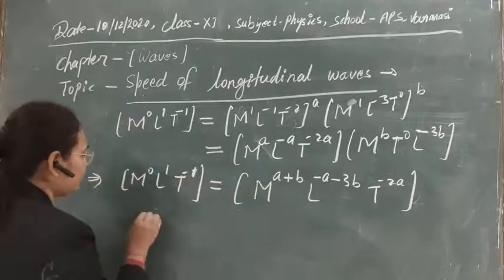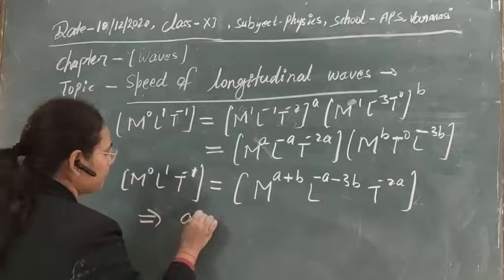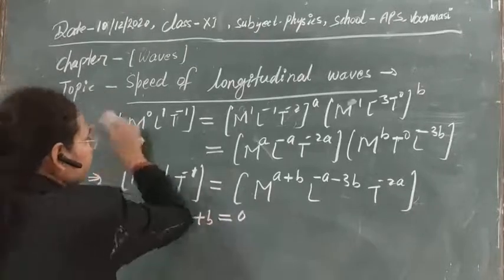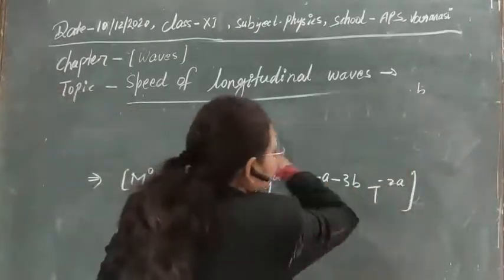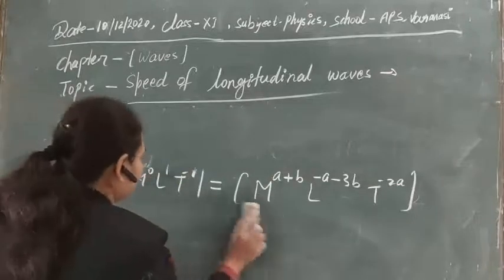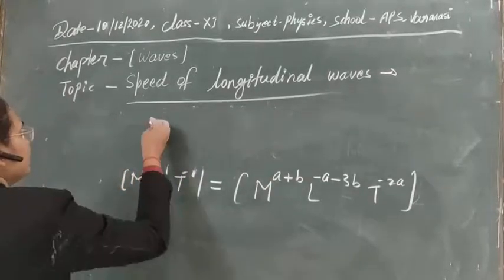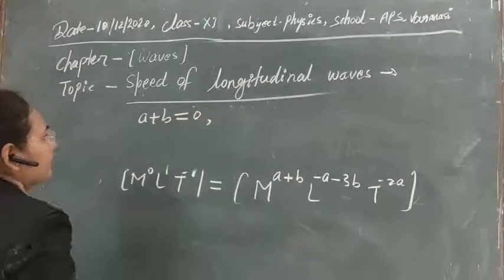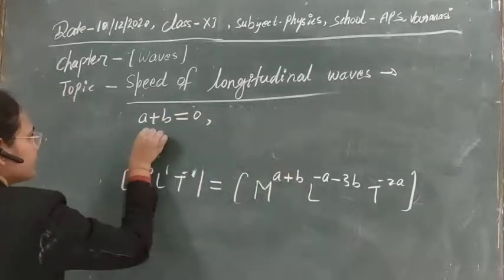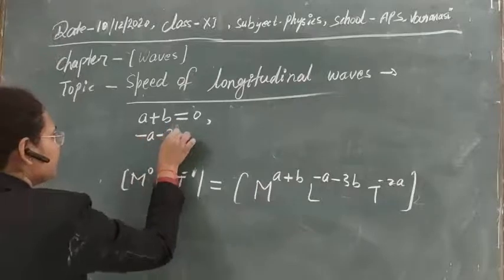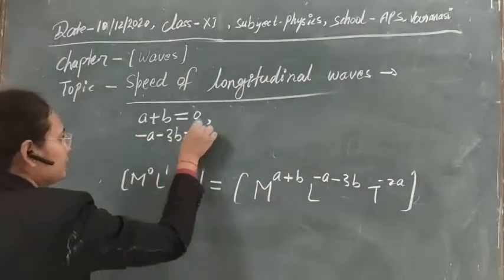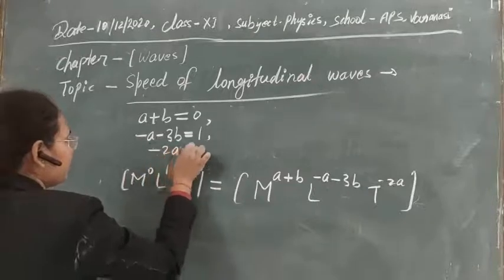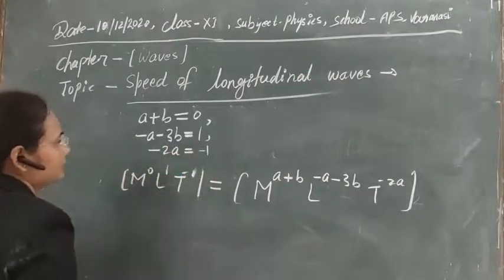On comparing, we can see that a plus b is equal to 0. Second thing that we have from this: minus a minus 3b is equal to 1. And third thing that we have: minus 2a is equal to minus 1.